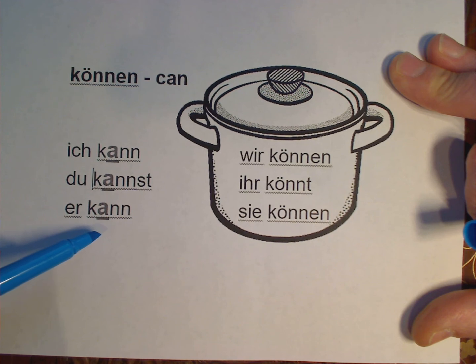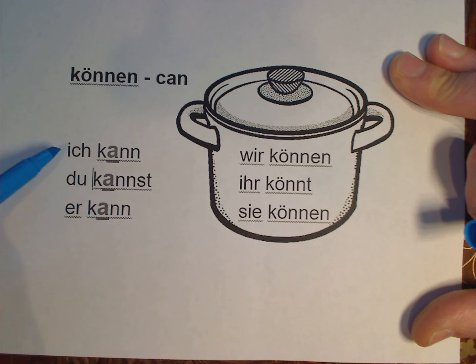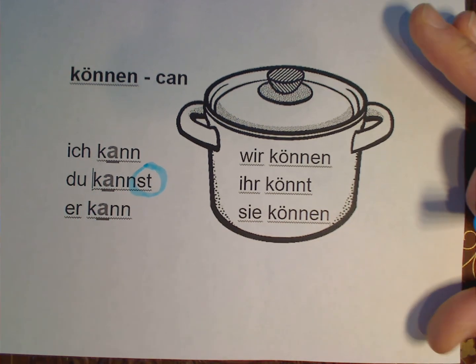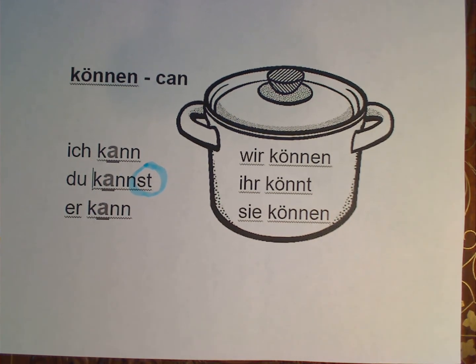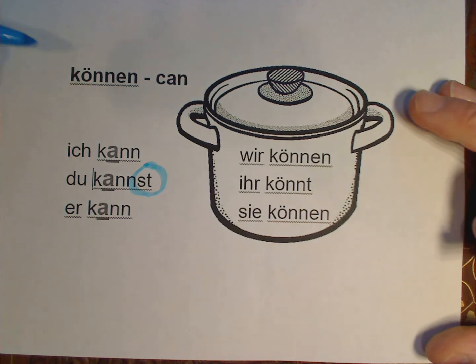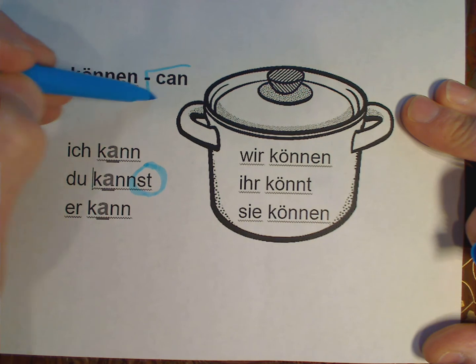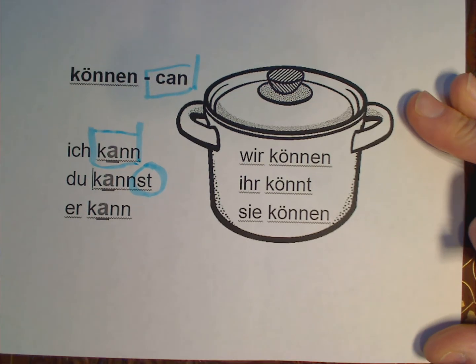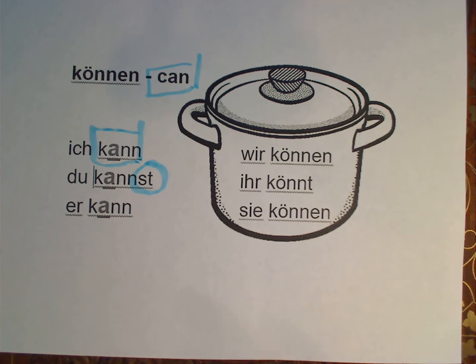Also with all 9 of these crock-pot verbs, the only difference between the ich and the er form and the du form is that the du form has an st. So for all 9 of these crock-pot verbs, if you remember what it means, and if you remember what the ich form is, then you've got the verb set.